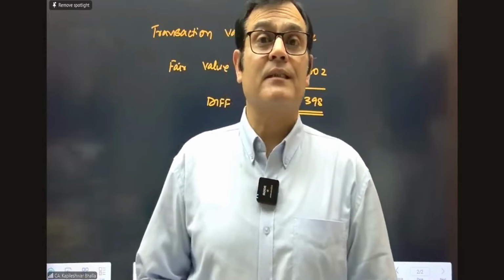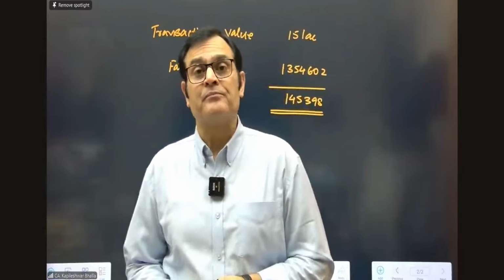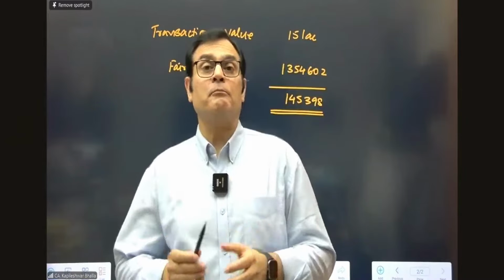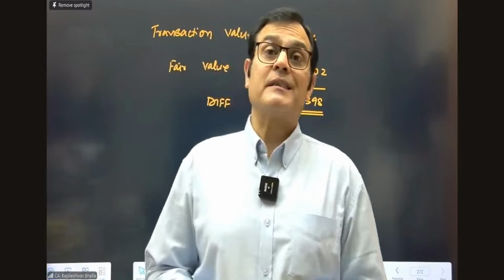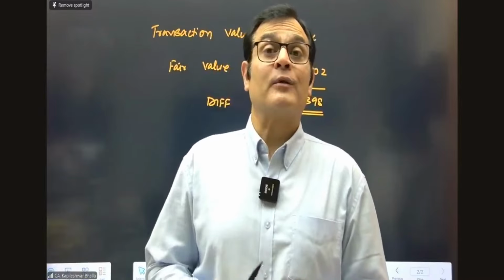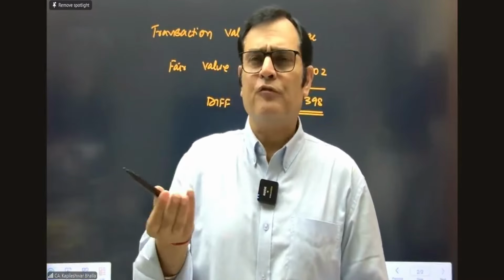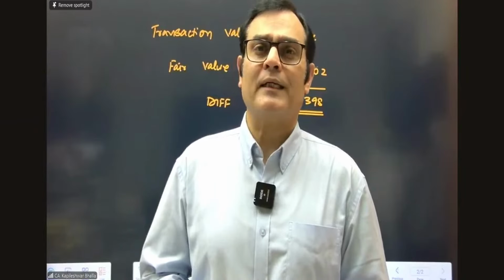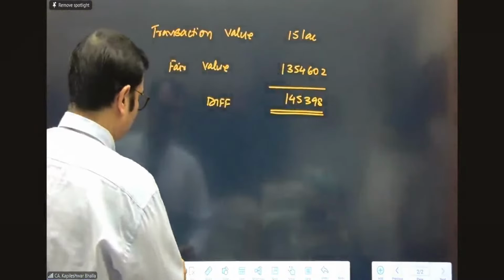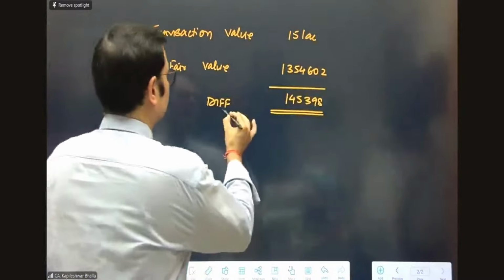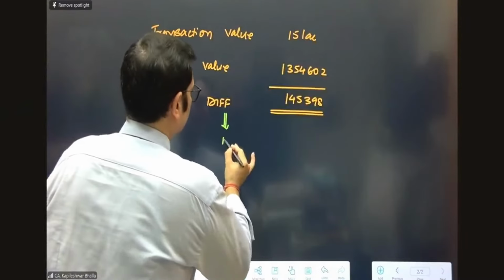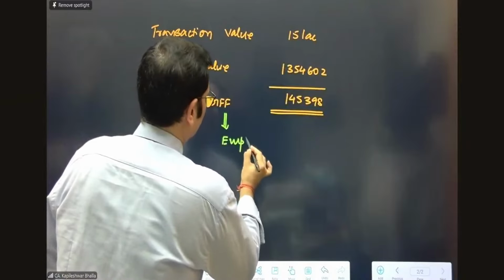Because indirectly you can say this is more like a perquisite value, because when you're giving a loan to the employee where the market rate of interest is 10% and the contracted rate is 6%, you're doing a favor to him. And that favor is nothing but indirectly a perquisite value. So this is going to be taken as a prepaid staff expense. So this difference, let me put it like this, depends upon the employer-employee relationship.